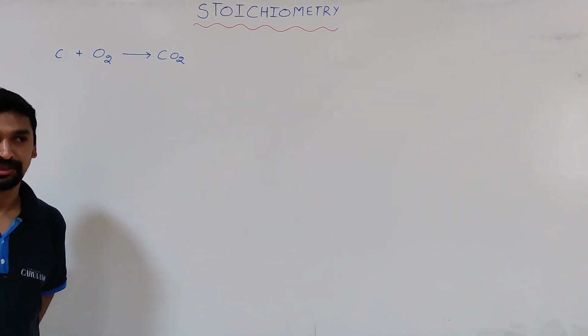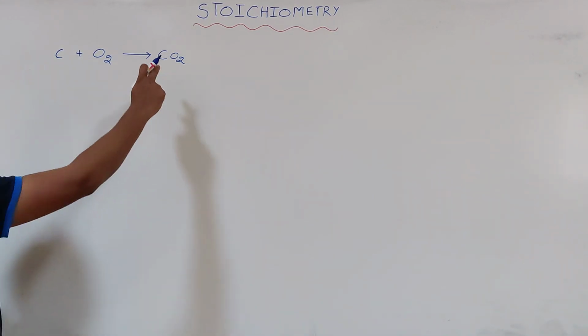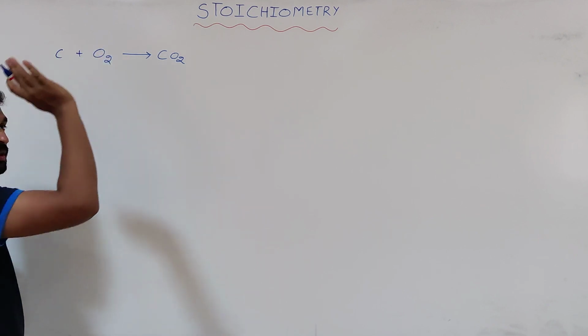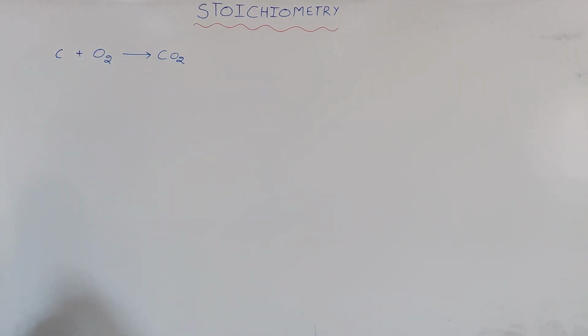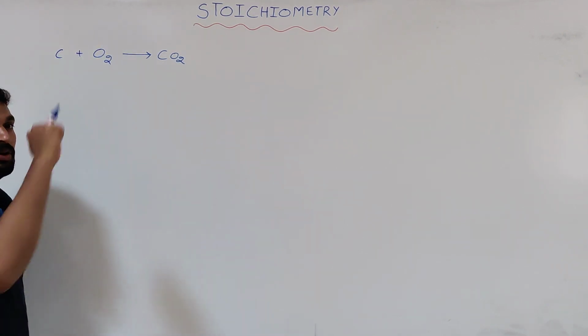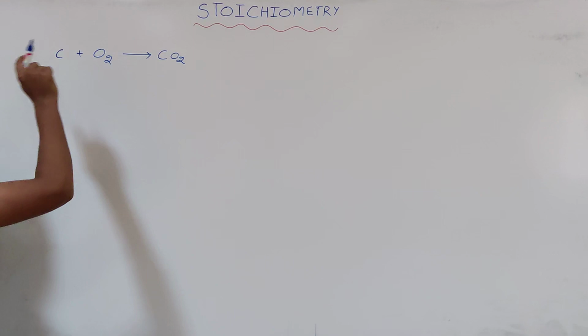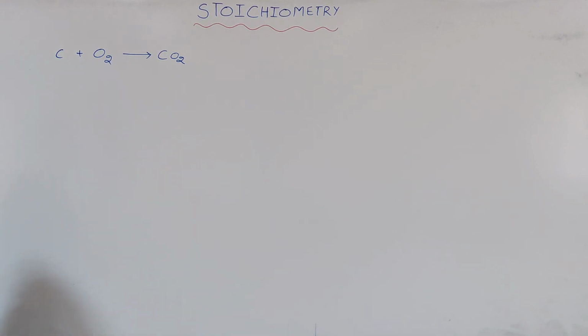Somebody can raise the question, sir, how much amount of carbon dioxide is formed? Okay, say a certain amount of carbon dioxide is formed. To form that certain amount of carbon dioxide, how much amount of carbon is involved? How much amount of oxygen is involved?